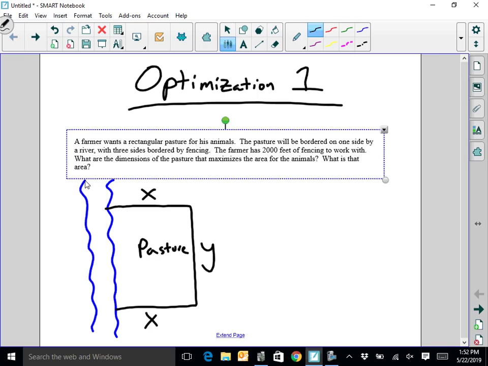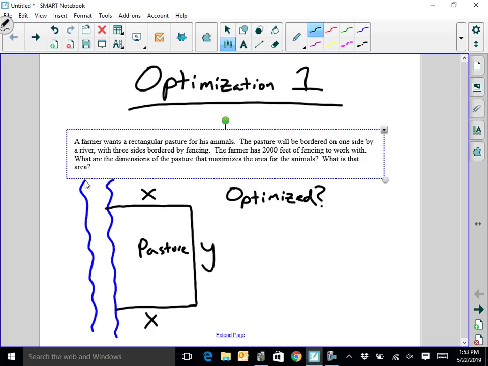Okay. So the first question you have to ask yourself is, what is being optimized? Now the word optimized means the best possible scenario. It could be a maximum, it could be a minimum.